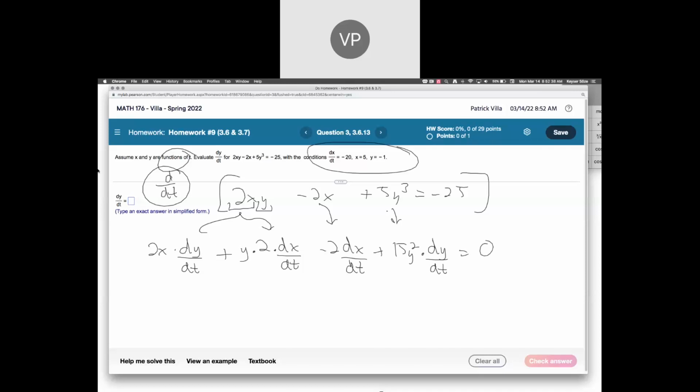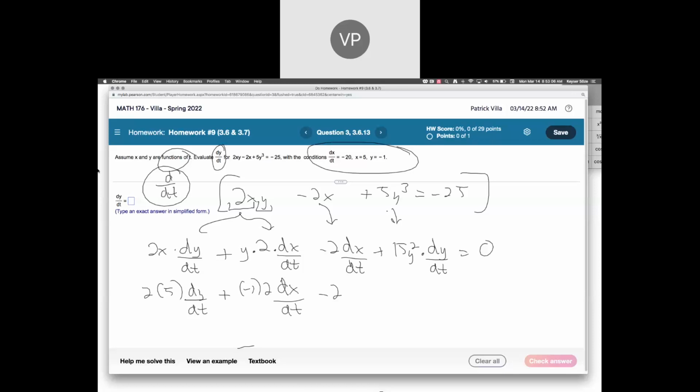And remember, they want you to find dy dt. So that means I'm looking for dy dt, replace every other letter. Well, I know x, they told me it's 5. I know y, it's negative 1. So I'm just literally plugging in everything right above.